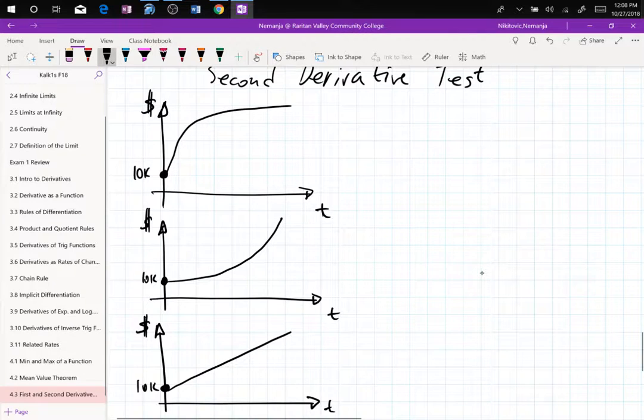Ooh, too many words, huh? Think about it. The first derivative is change of money in time. The second derivative is how fast you change that. Maybe I can explain it also through velocity, acceleration, and so on.